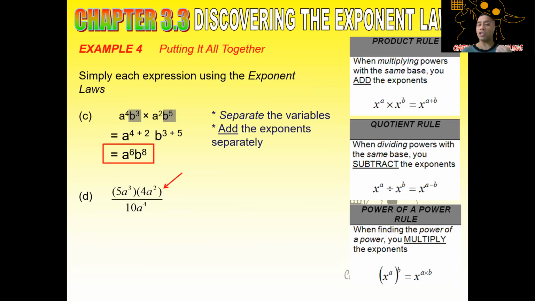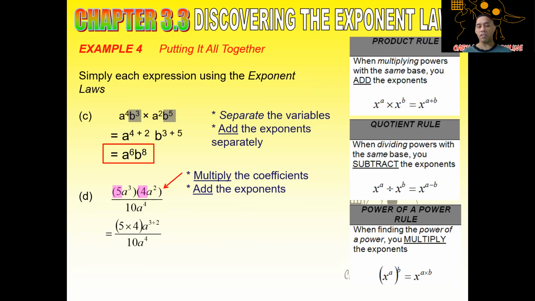So for the coefficients, or the numbers in front of the a there, we're going to multiply those 2 together. Okay, so that's the first step, because ultimately what we are doing for the numerator is multiplying. Now for the variables, the a's over here, we're going to use the product rule and add the exponents together.